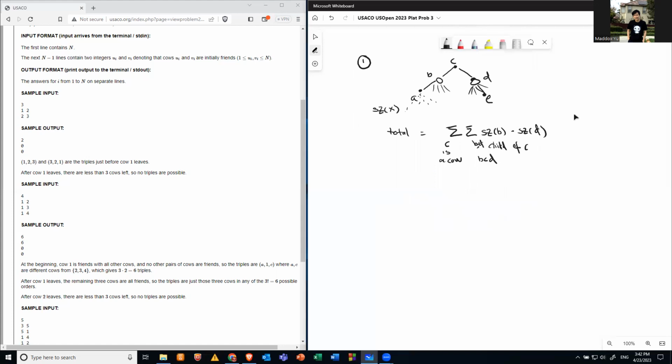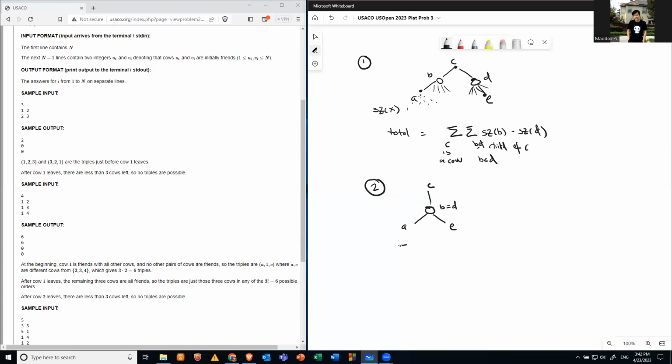Then the second scenario is, what if B and D are the same? Then the three cows, not A, C, E, can be anything. You basically pick any of those.